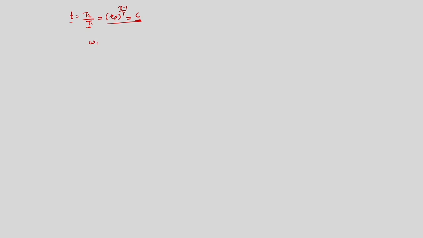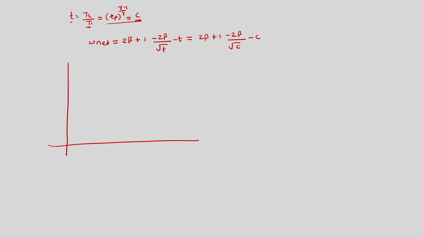So if we represent W net in terms of C, we get 2 beta plus 1 minus 2 beta upon root C minus C. Here we can use this to plot W net upon Cp T1 versus Rp, which is the pressure ratio.